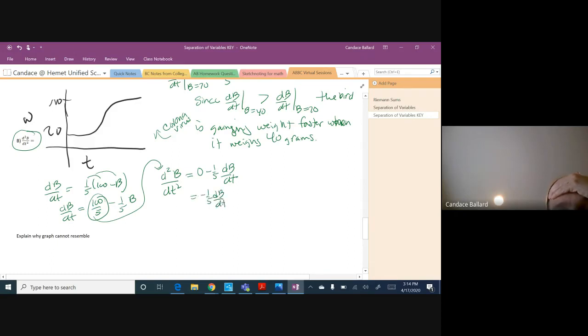Now AP loves to do this to you. That's great, but we know what dB/dt is equal to. It's equal to this guy right here. So I need to substitute that back in. So it's negative 1/5 times 1/5 times 100 minus B. All right, so we got negative 1/25 times 100 minus B.